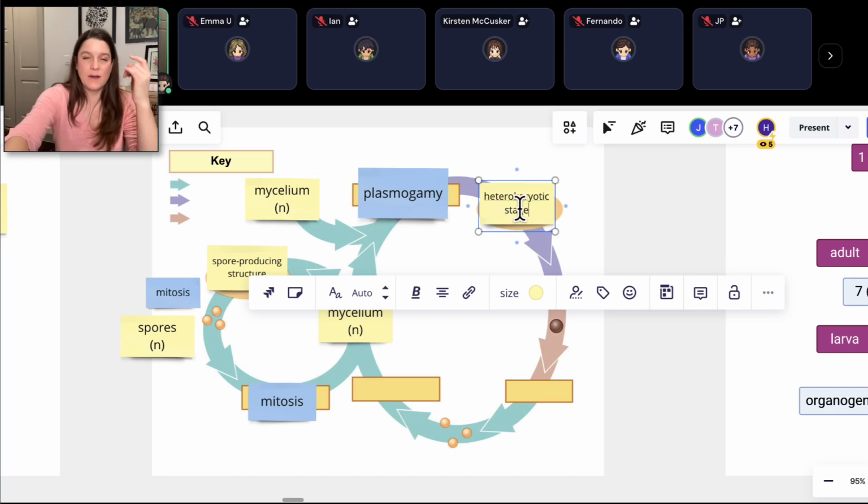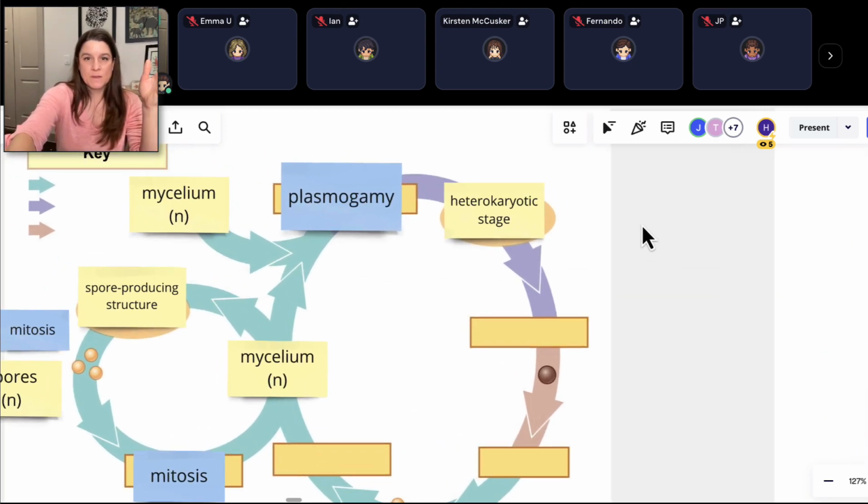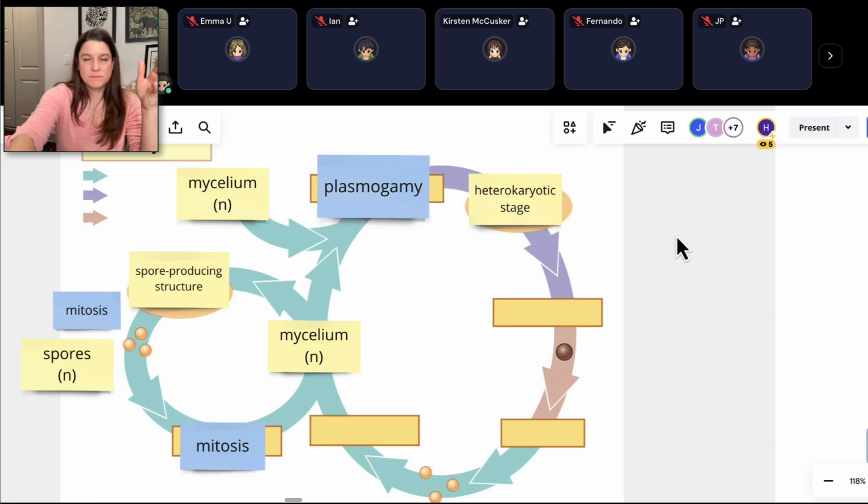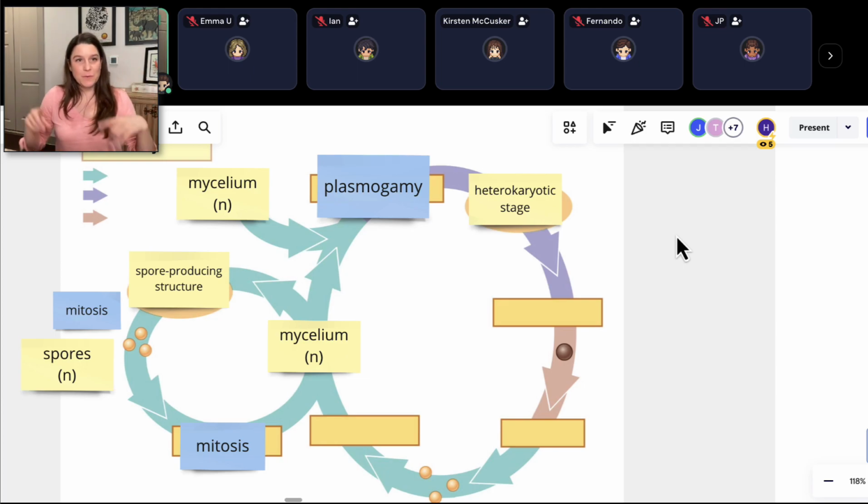At this point, they're called the heterokaryotic stage. Hetero meaning opposite, different. Hetero meaning different, karyo meaning nuclei. So we're in a stage here where it has many different nuclei. It could be just two nuclei, or there are cases where the mycelia have a lot of nuclei in each of them.